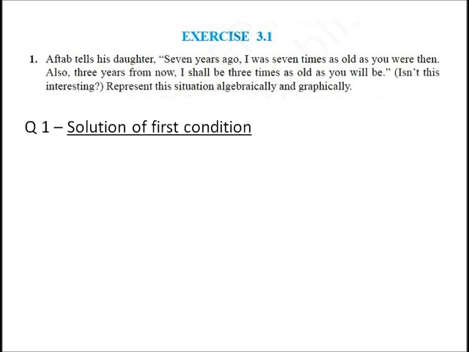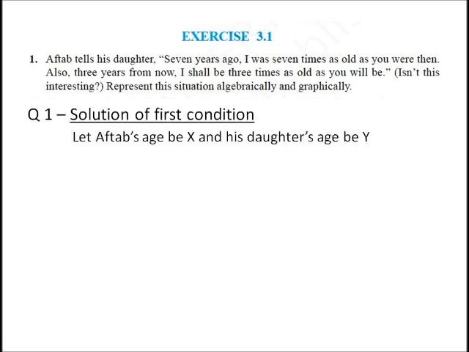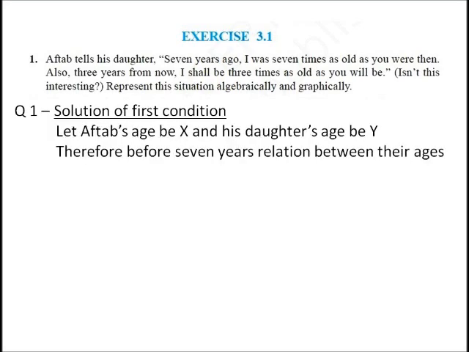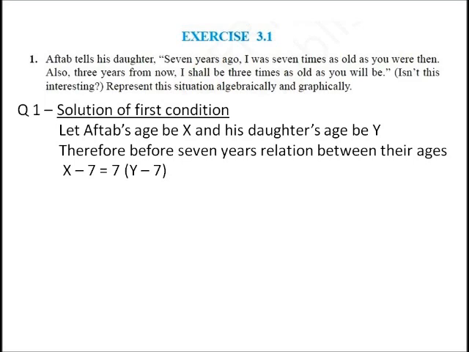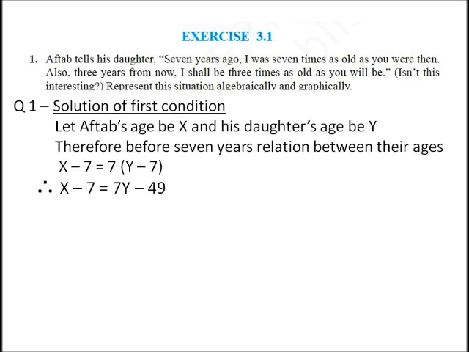Solution of first condition. Let Aftab's age be x and his daughter's age be y. Therefore, 7 years ago the relation between these ages is x minus 7 is equal to 7 within brackets y minus 7.